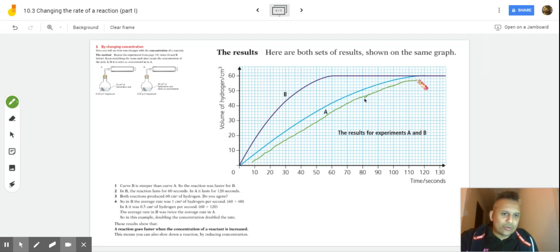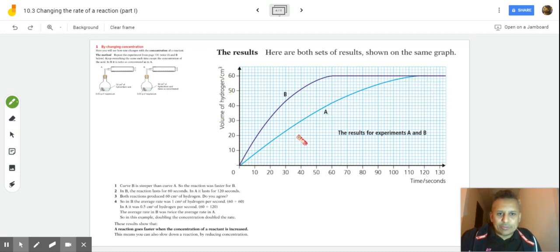So it was taking longer and longer for the acid to actually reach the magnesium. And eventually, at this point over here, roughly around the 120-second mark, that's when all of the magnesium was used up. And we know that because no more hydrogen was produced. If hydrogen was being produced, then this line would keep going up, but it's not.